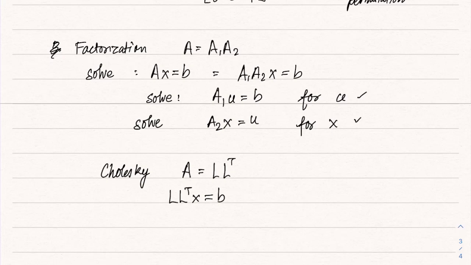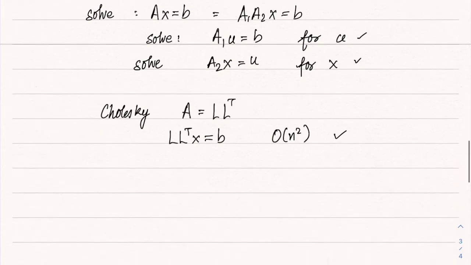Because it's a lower triangular matrix, it requires order n square flops. The next step would also require order n square flops, so the total is also order n square. So only order n square flops are required whenever you can carry out the Cholesky factorization, while otherwise you would have required order n cube flops.